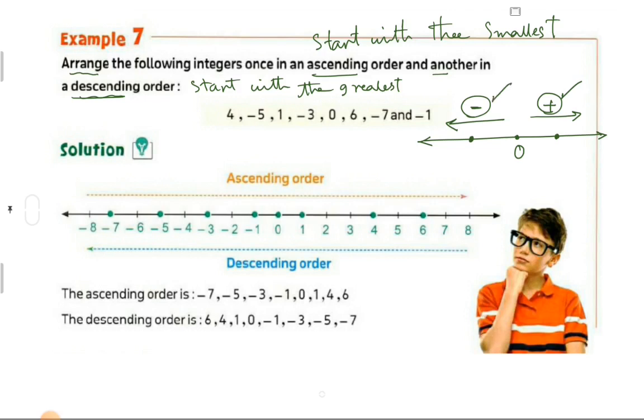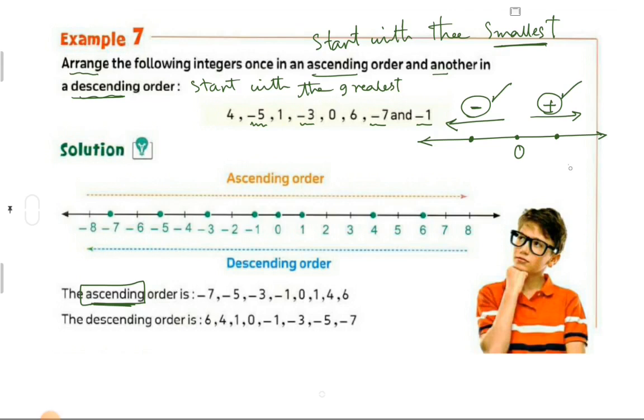Any positive number is greater than any negative number. So if we need to arrange them in ascending order, we start with the smallest one. Of course we have positive and negative, and the smallest one will be negative. Let's compare the negative numbers.